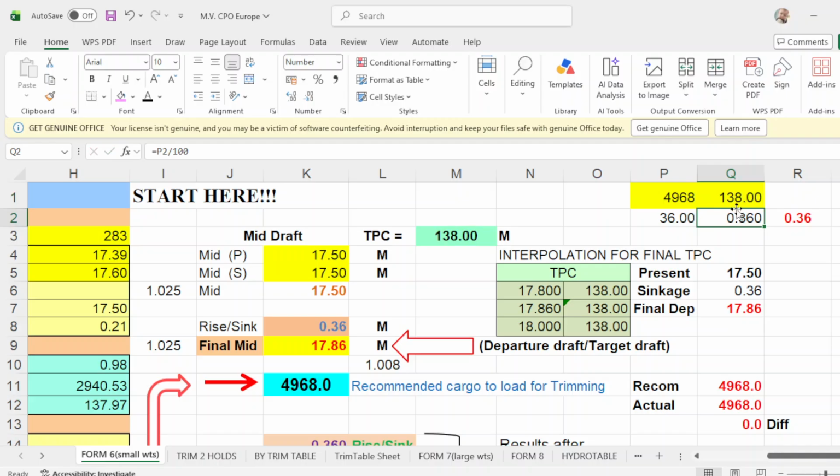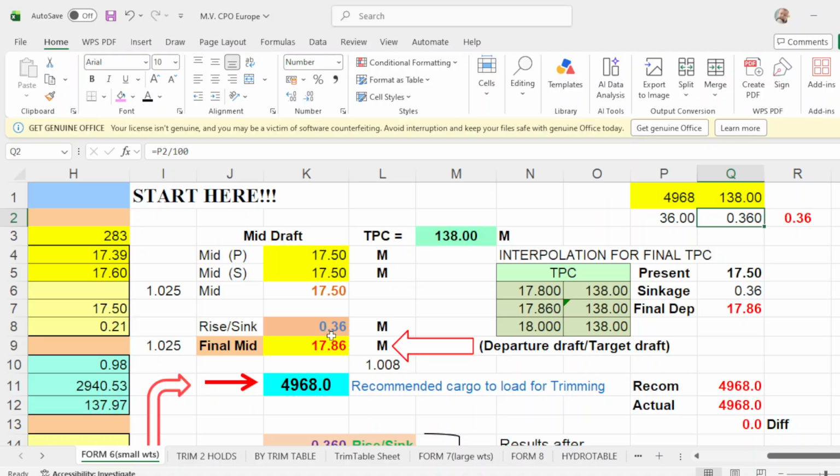So 4968 divided by 138 will be 36. Divide by 100, that will be 0.36. So your present drop is 1750 plus your sinkage of 0.36. Your final departure will be 1786, which is exactly the same here.